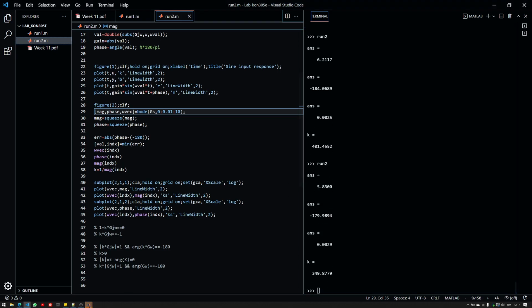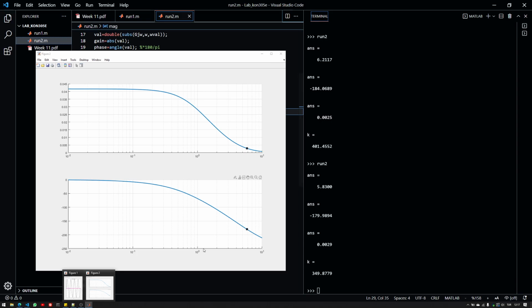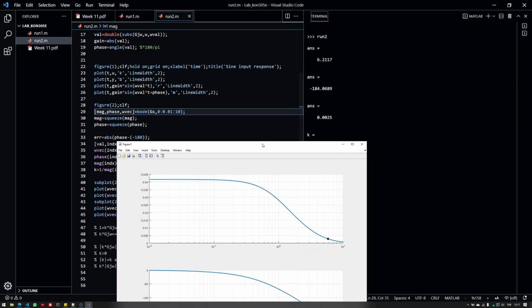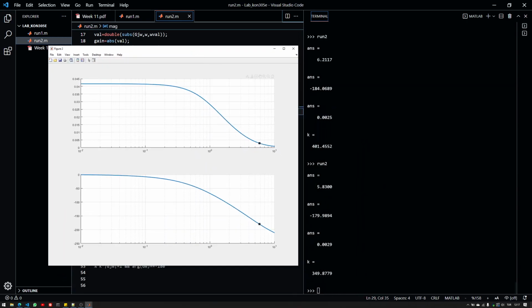So you can see that it's directly changed. So I did increase the precision here by providing my own omega vector, and since I know that it is roughly equal to 6, I provided 10.